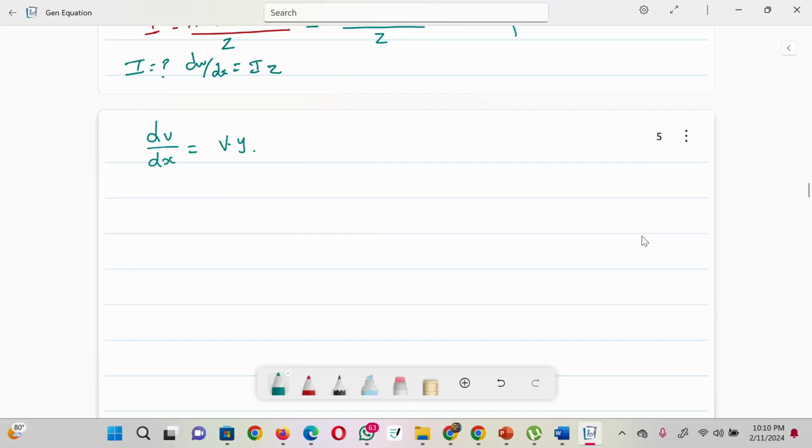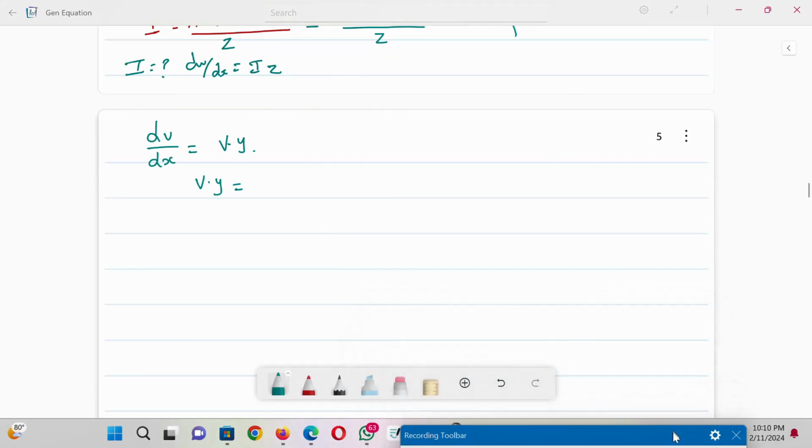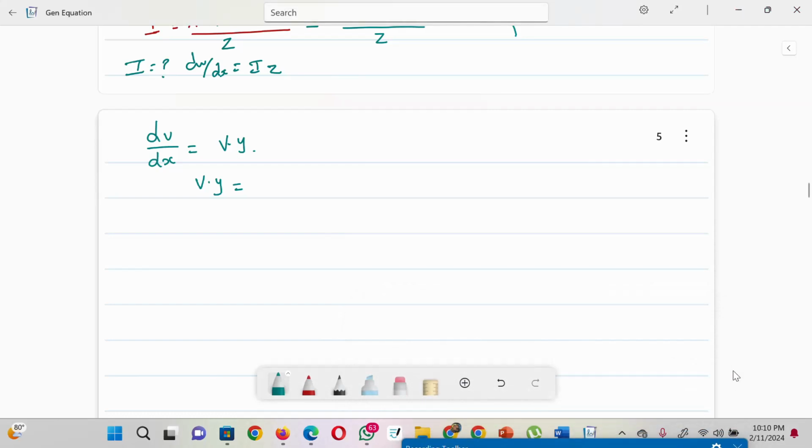So already we know that v into y equal to c into e power gamma x minus d into e power gamma x.